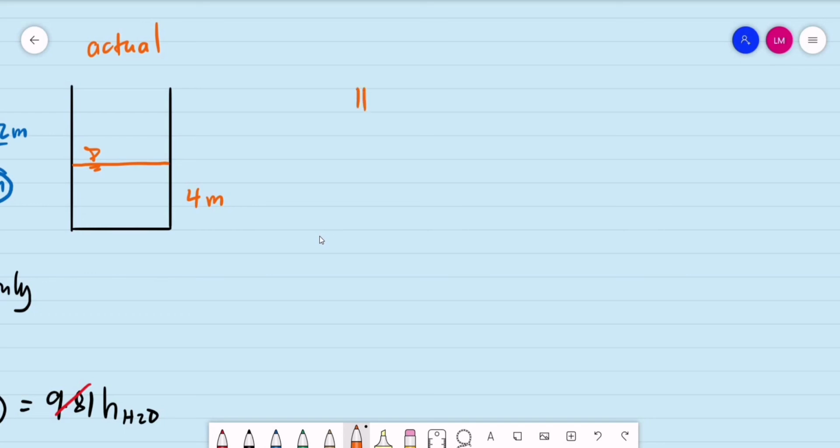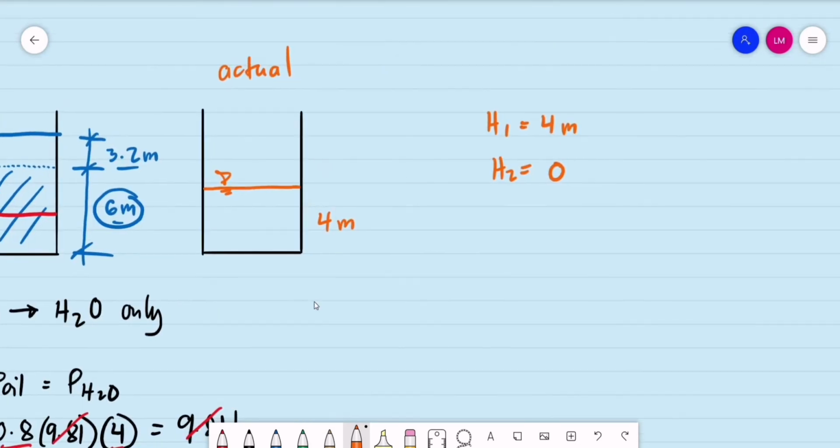Dito, ang initial head will be 4 meters. Kapag ubos na, the final head should be equal to 0. Yun yung ating initial head and final head. Siguro ang tanong, bakit 4 meters? Bakit hindi 3.2? Dahil mag-isang liquid na lang naman ito.